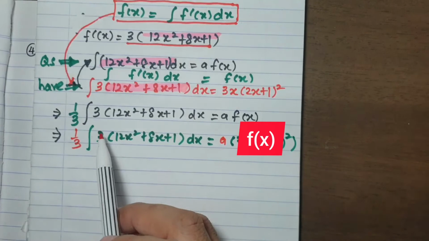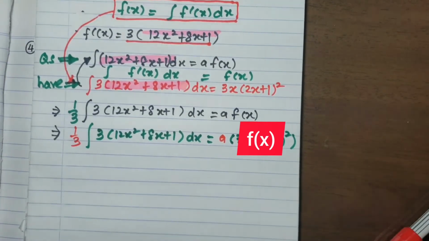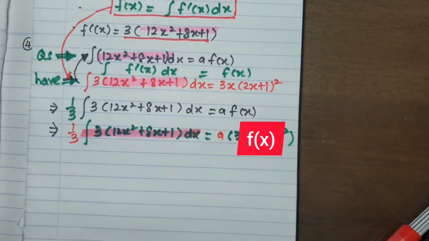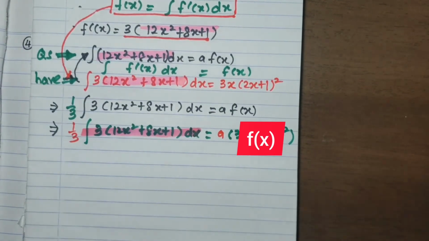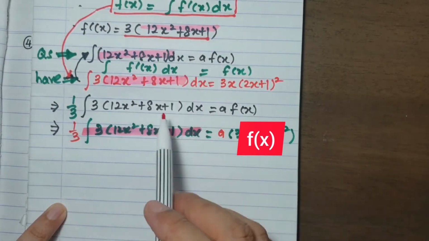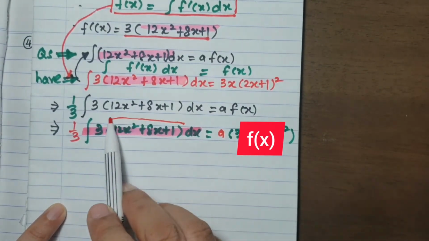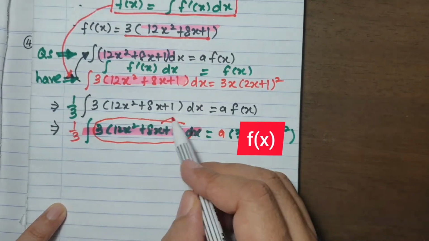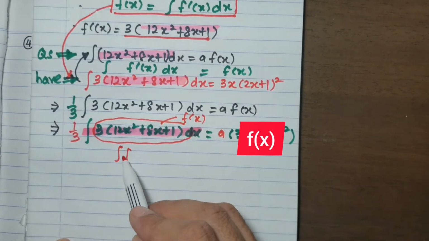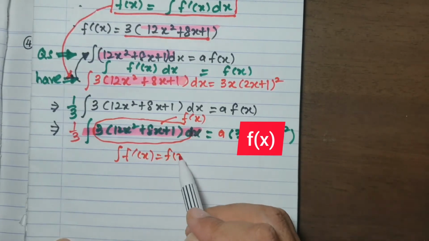And you understand integration of this. This is your dy by dx. This is your f prime x, right? This one. This is your f prime x. Since integration of f prime x, the result is fx, right?